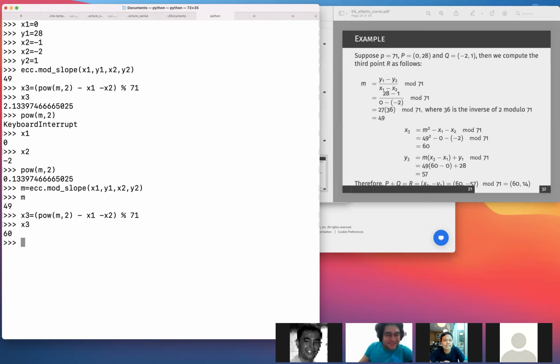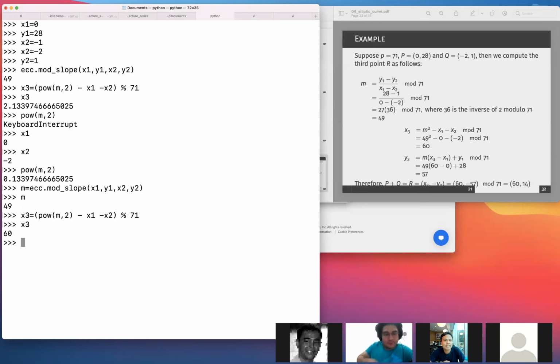So we get x3. And then y3 is the same thing. Now that you have your x3 and y3, the third point is nothing but (60, -57). You have to remember that the third point is the mirror image.